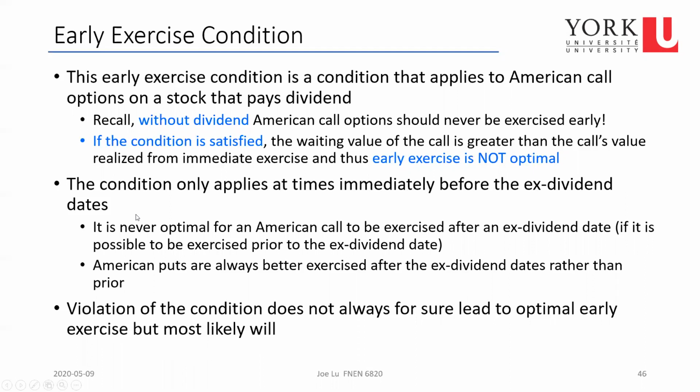Again, as I mentioned earlier, violation of the condition that we're going to derive does not necessarily lead to an optimal early exercise, but significant violation will typically lead to an optimal early exercise.